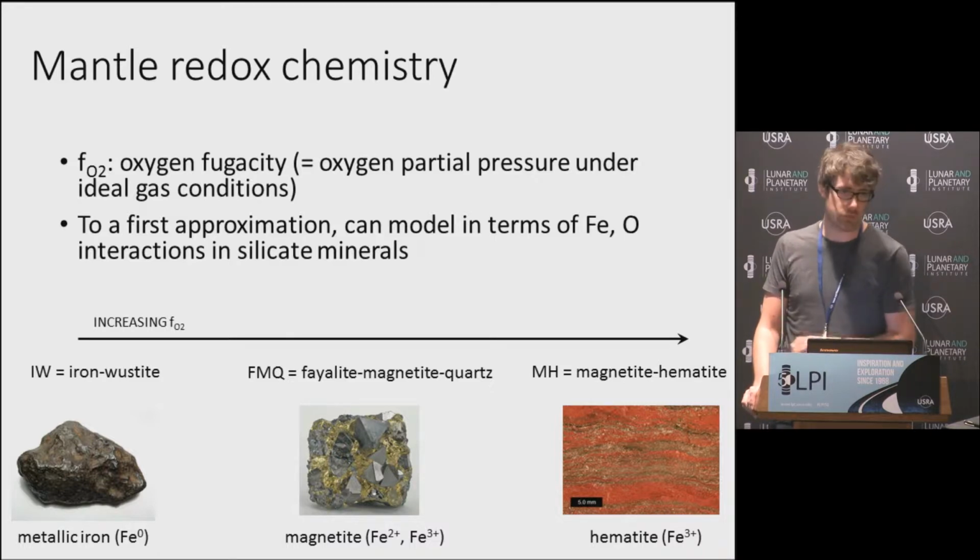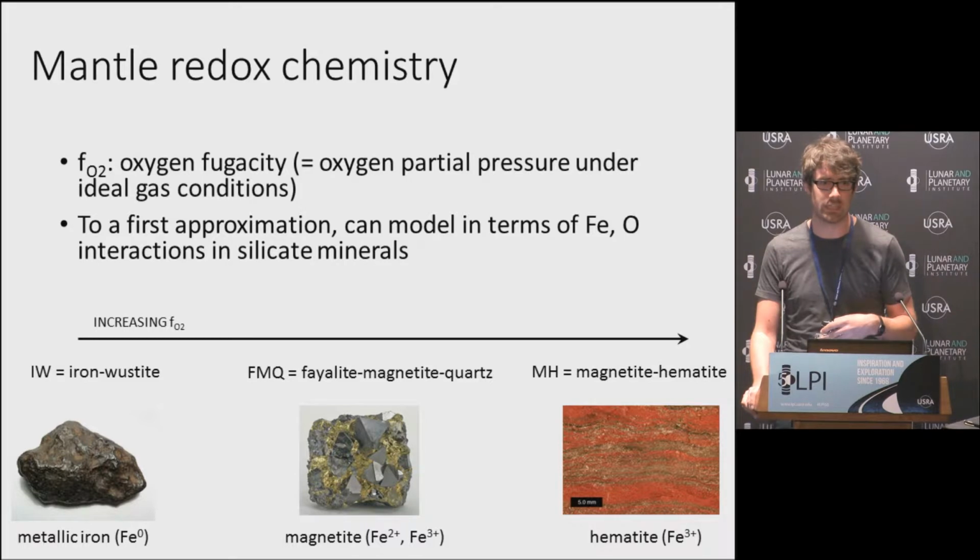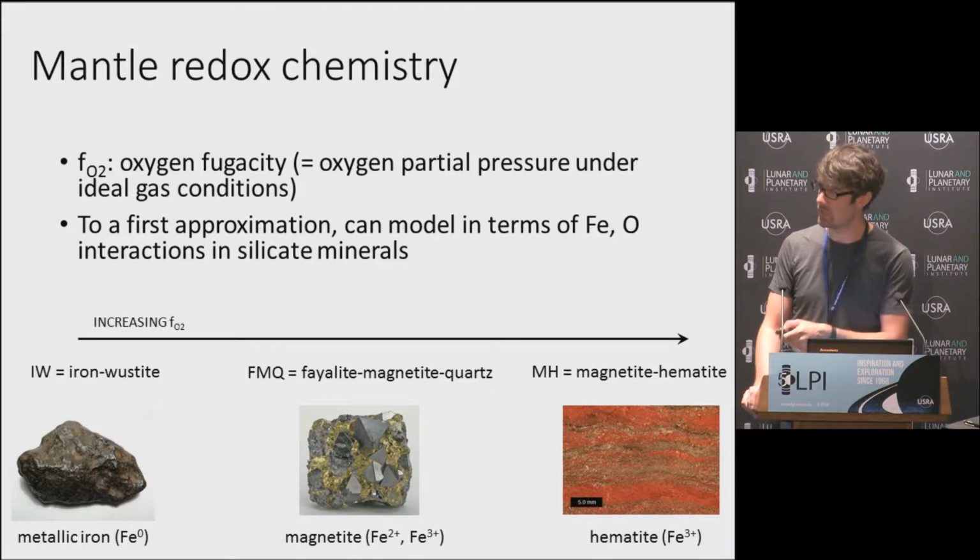The concept of oxygen fugacity is central to thinking about mantle redox chemistry, and it can sometimes seem a little esoteric, but basically oxygen fugacity is just oxygen partial pressure under ideal gas conditions, and it's best thought of as a yardstick that the mantle geochemists use to assess oxidation state. You never actually measure it in practice when you're looking at mineral systems. You instead measure various mineral buffers.